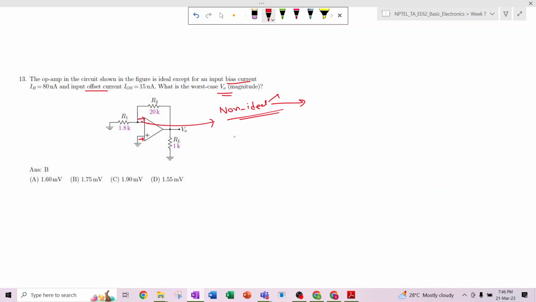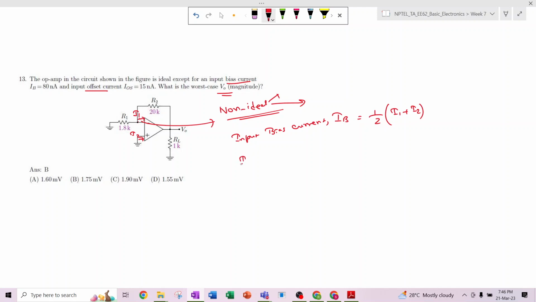So in the non-ideal case, the input bias current IB, suppose I1 is the current flowing through this side and I2 is the current flowing in this side, is half of I1 plus I2. This is the input bias current.